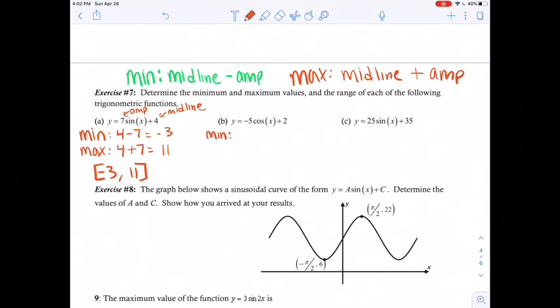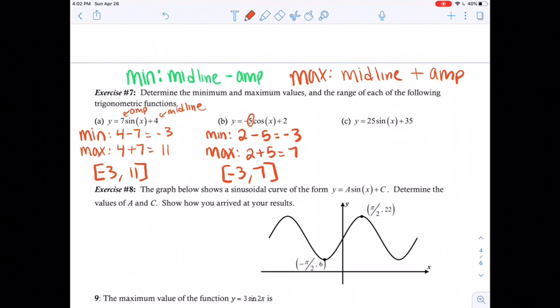So letter B, your minimum will be 2 minus, remember the amplitude is always positive, 5, which is -3. And your maximum is going to be 2 plus 5, which is equal to 7. So the range here would be from -3 to 7.